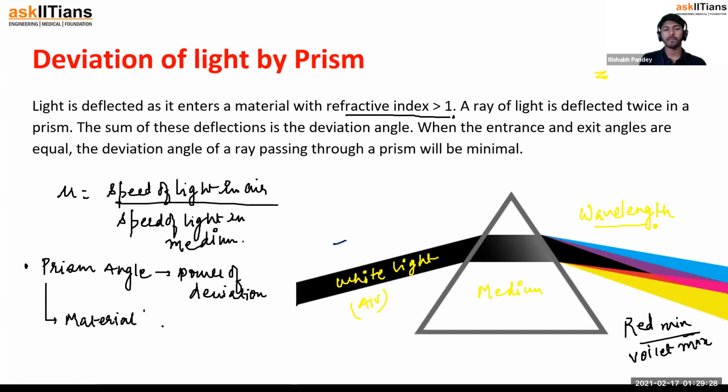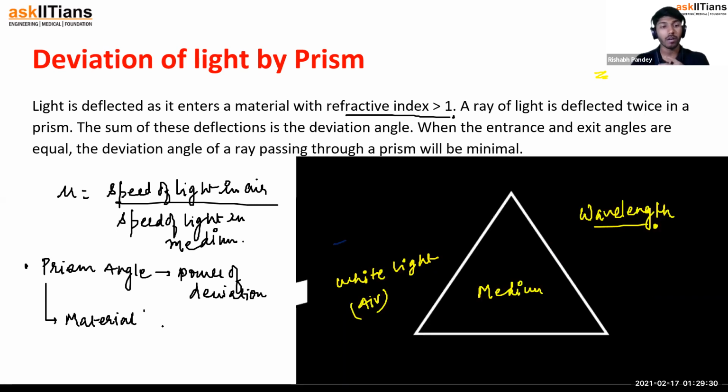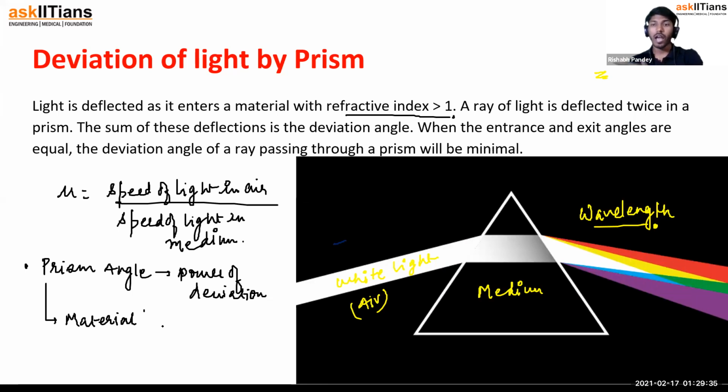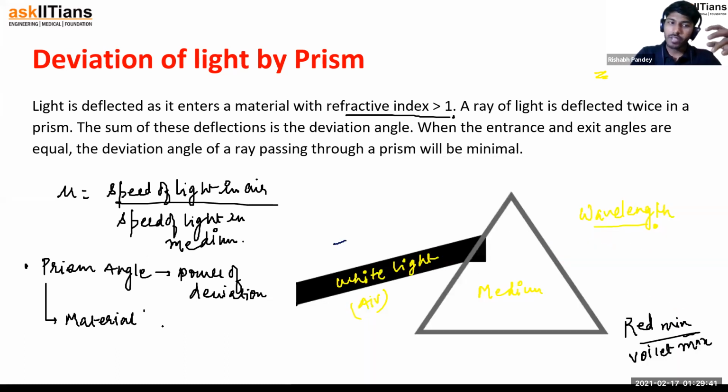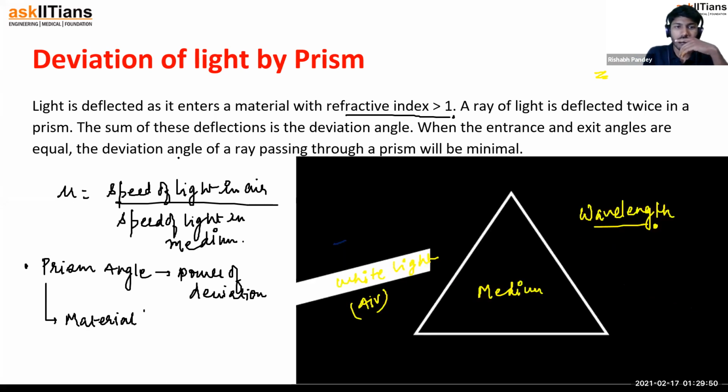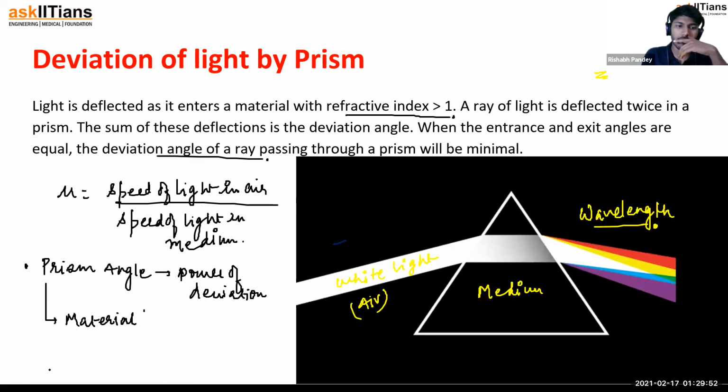For example, a glass prism and a plastic prism have different power of deviation. Similarly, if I move forward, let's start a discussion about the case of minimum deviation.